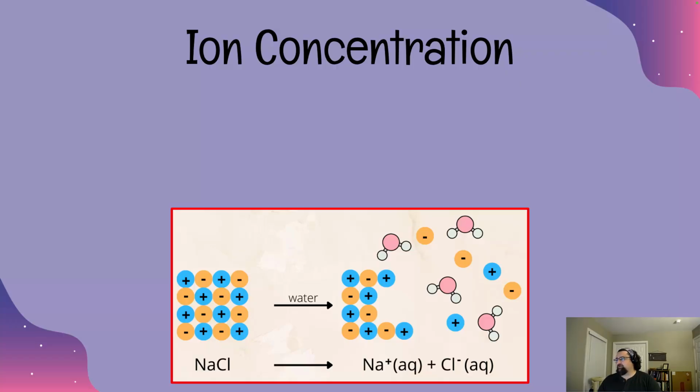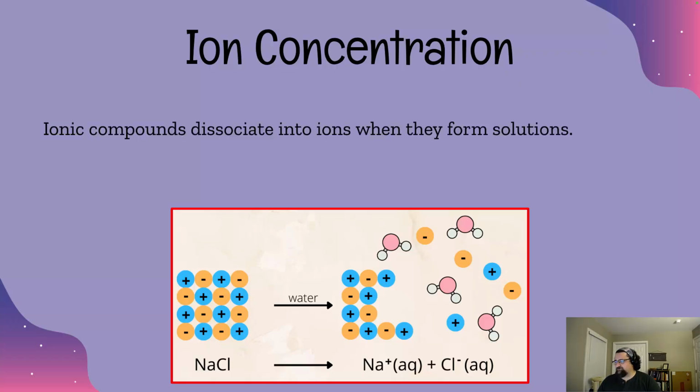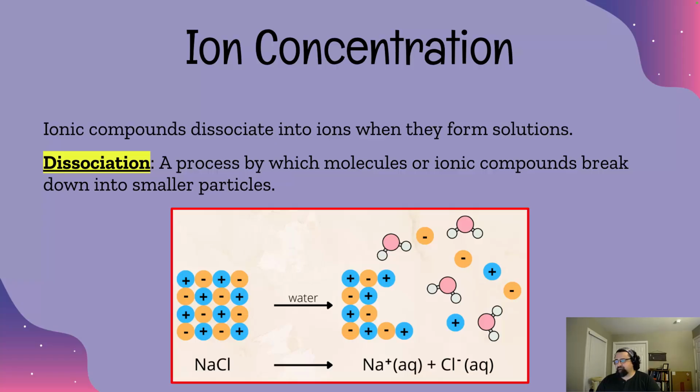Okay, so ion concentration. Ionic compounds dissociate into ions when they form these solutions. When solutions are formed, these ionic compounds are going to dissociate, which means instead they break apart.